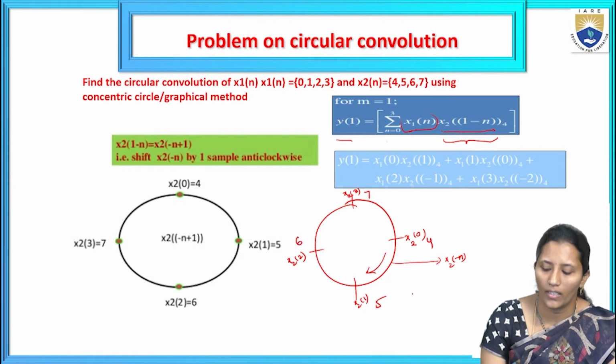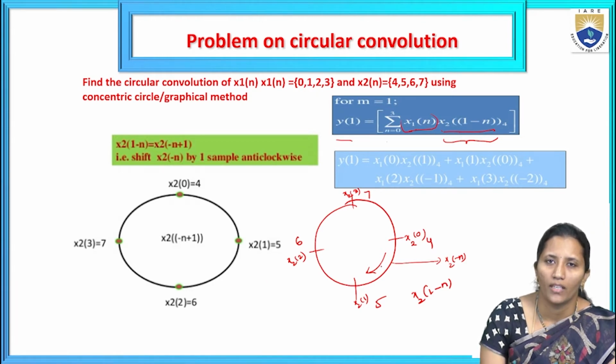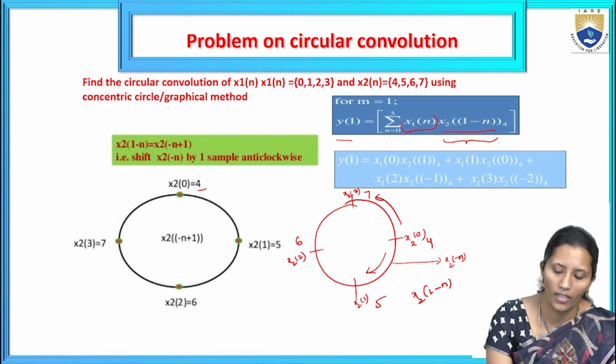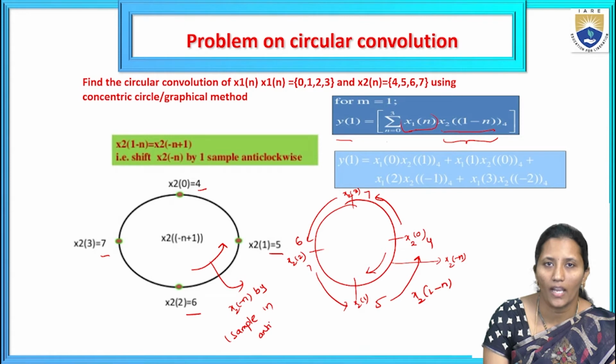To get x2 of 1 minus n from x2 of minus n, we have to rotate these values in the anti-clockwise direction by one sample. So this 4 will come here, this 7 will come here, this 6 will come here, and this 5 will come here. So we are rotating x2 of minus n by one sample in the anti-clockwise direction.